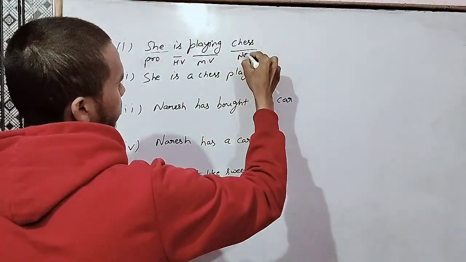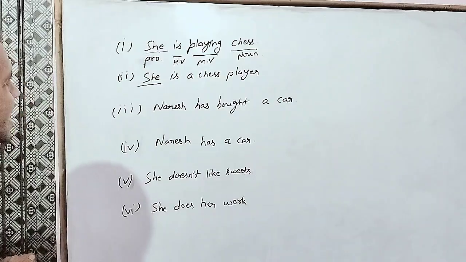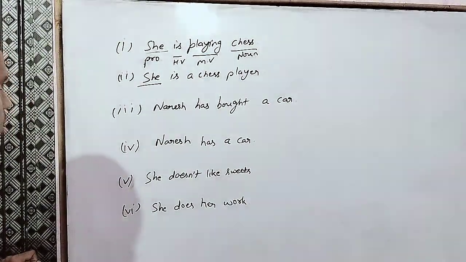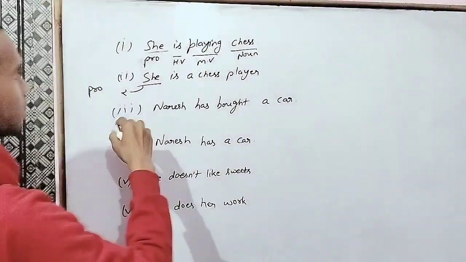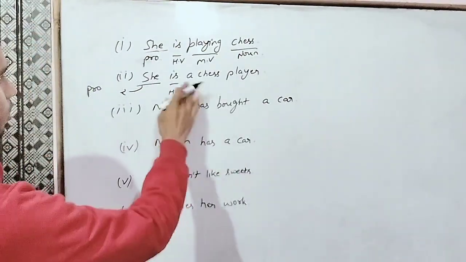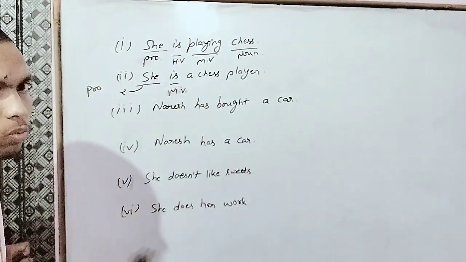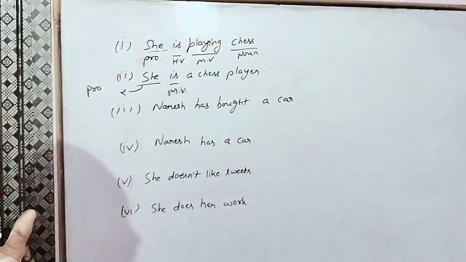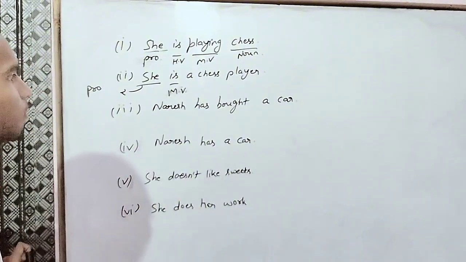This is a noun. She is a pronoun. This is a helping verb. In this sentence, we have only one verb, so it will be considered as the main verb.